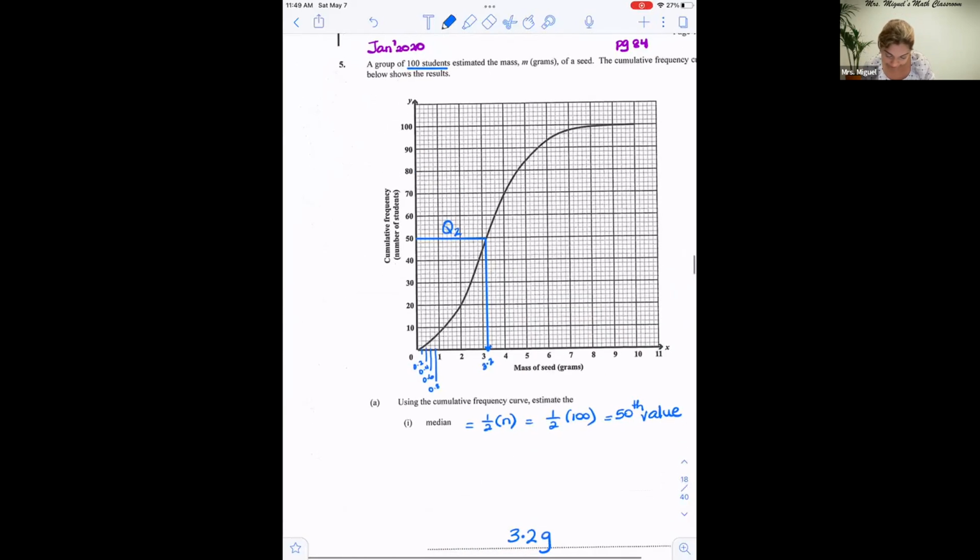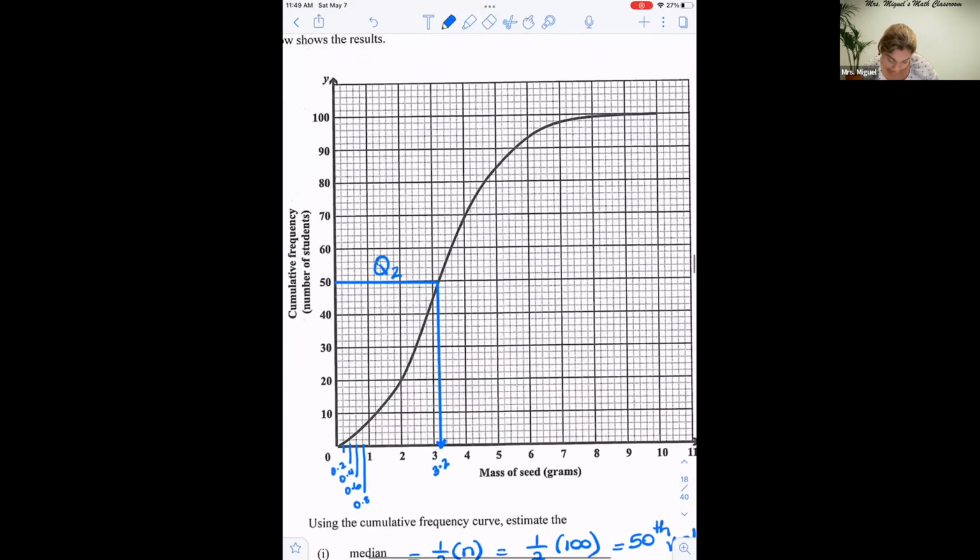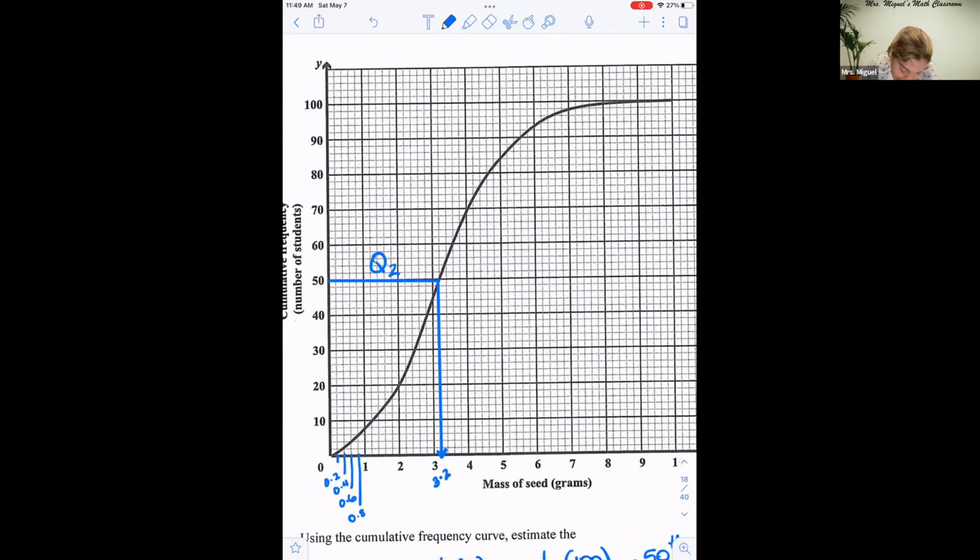So we go in. Well, let me watch this graph. So 72, 74, 76. So 75 would lie in between 72 and 74 and 76.